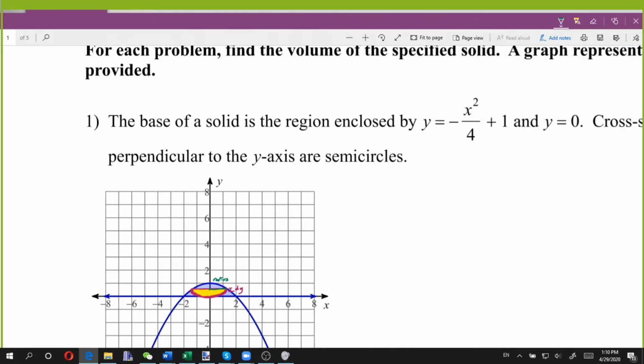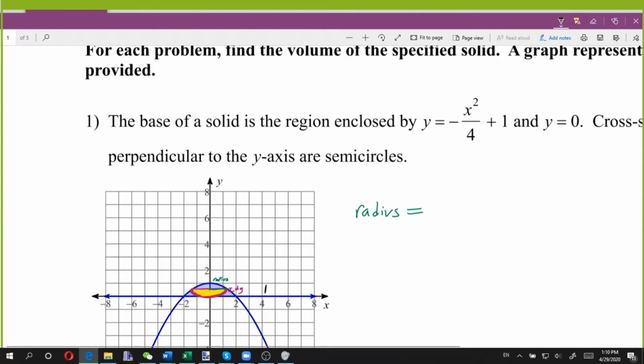The radius is y1 minus y2 over 2. So that would give us the distance between these two functions.